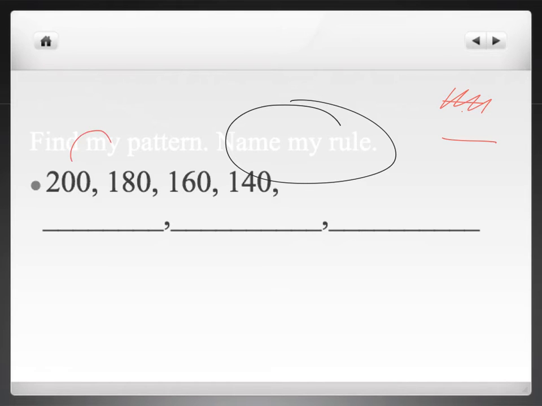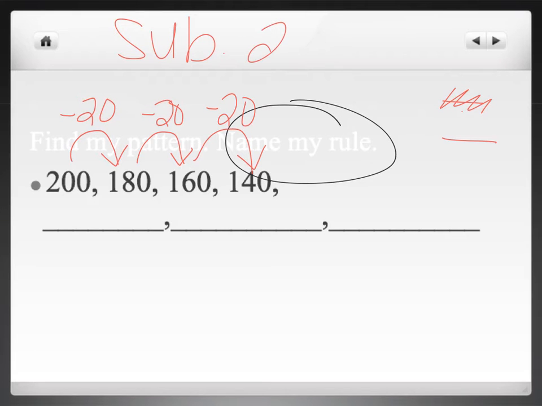I know that if I jump from 200 to 180, I'm subtracting 20, and the same thing happens from 180 to 160 and 160 to 140. So my rule is subtract 20. The next three numbers in the pattern would be 120, 100, and 80.